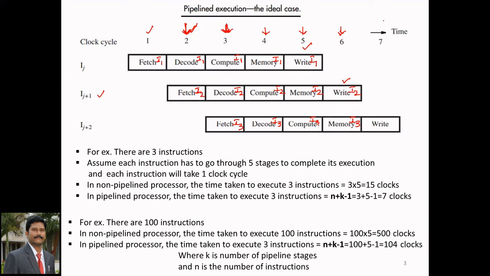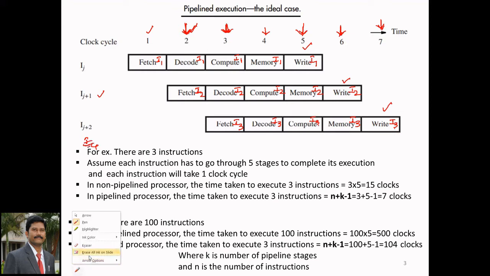Now at clock cycle 7, I3 is given to the write unit and is also completed. So at clock cycle 5, I1 is completed, at clock cycle 6, I2 is completed, and at clock cycle 7, I3 is completed. If I4 were there, it would complete at clock cycle 8. That means for every clock cycle, one instruction comes out.